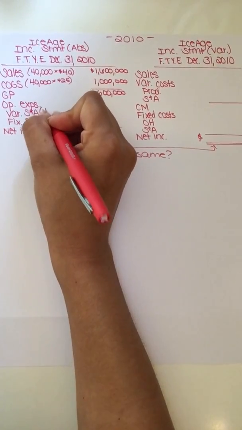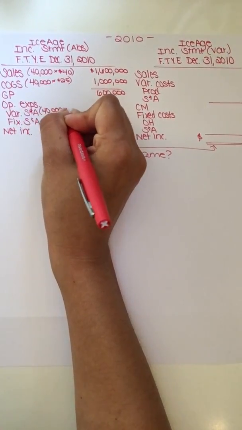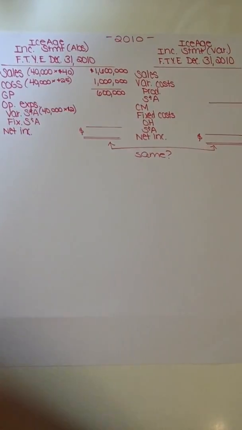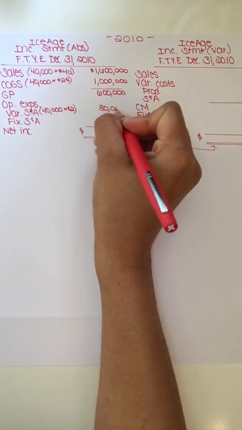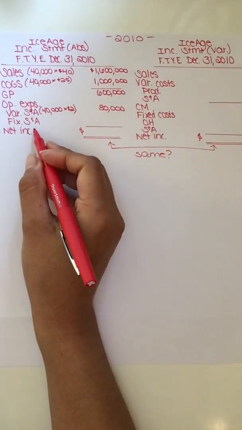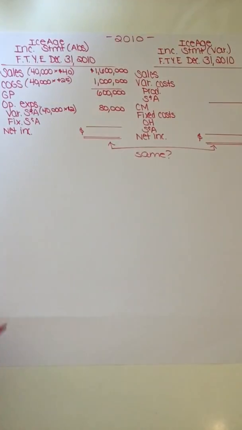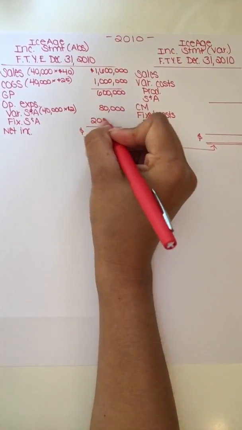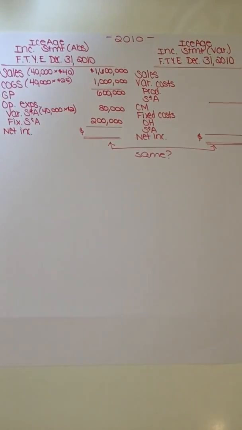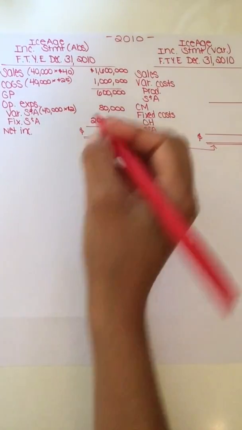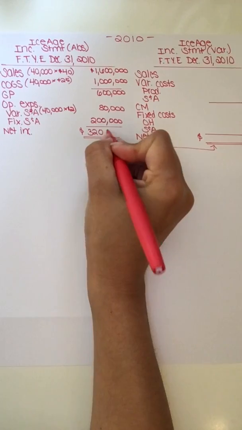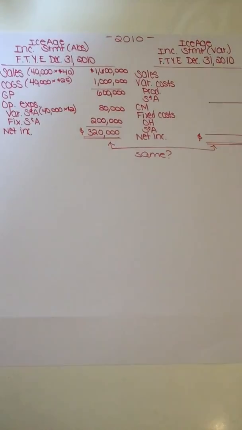Variable, remember, is $2 per unit, so we got 80,000. The fixed S&A stays constant because it's fixed, so it's $200,000 per year. Subtract that from your gross profit, and you should have gotten 320,000. So hopefully you tried that one and got that answer.